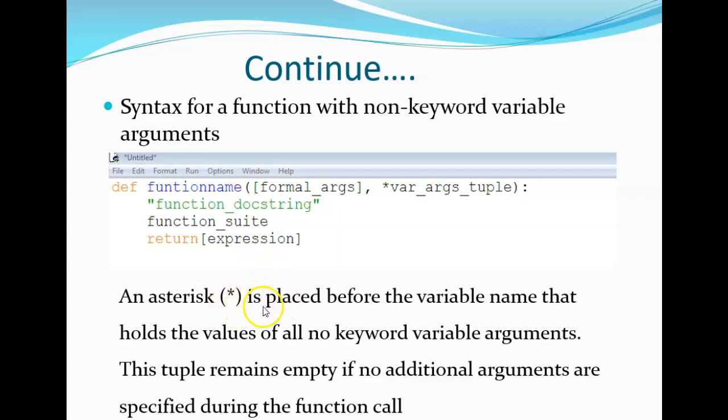The asterisk is placed before the variable name, and this gives you the variable length argument name. This tuple remains empty if no additional arguments are specified during the function call. If you do not send any argument, obviously it is empty.